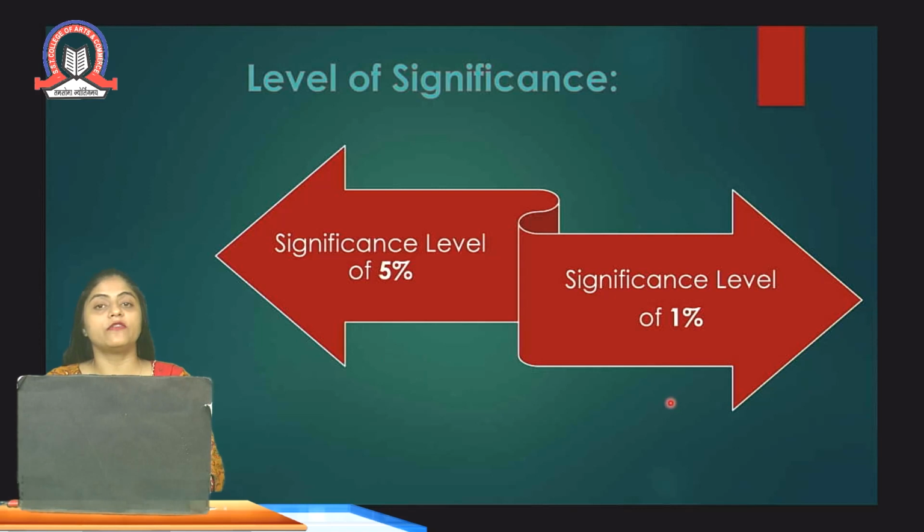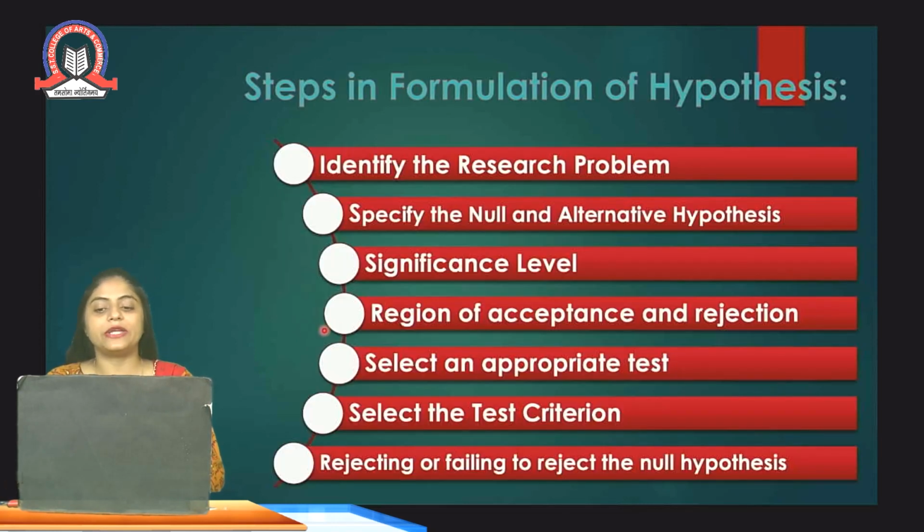At the 1% level, the risk of making a wrong decision is 1%. So this one is better. In every research, whenever we are framing a hypothesis, the level of significance should be 1% rather than 5%.